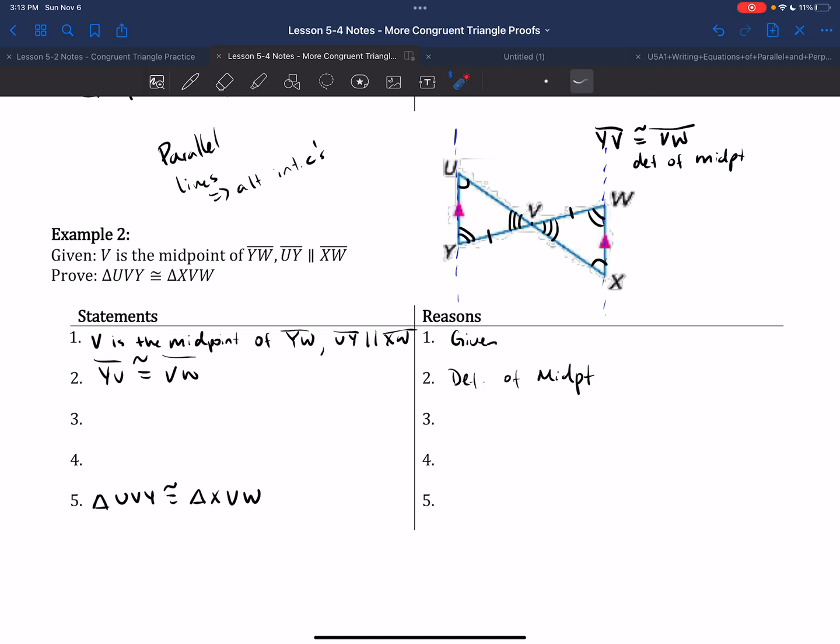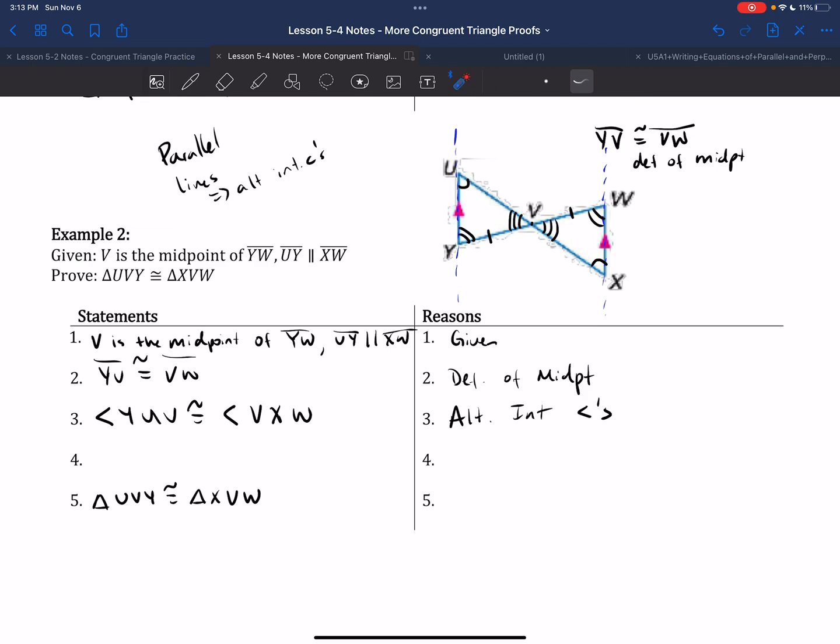Because U is the vertex, or it's the middle, we should write Y, U, V, and that's how you express that angle. So angle YUV is congruent, so I have one arc here, then one arc there. I need to write the middle for my vertex X: angle VXW. And that's because of alternate interior angles.